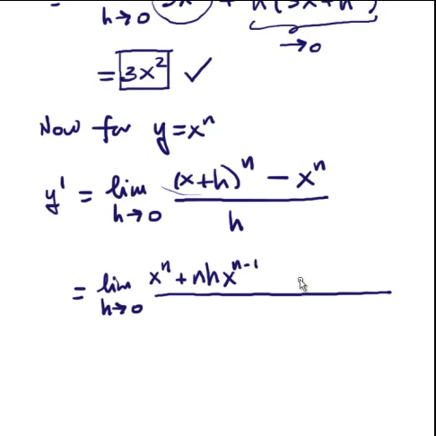And then the rest of the terms start, the next term has an h squared in it, the next term has an h cubed, all the way up to h to the n. In other words, the powers of h keep on increasing and the powers of x keep on decreasing. But the main thing is that the power of h keeps on increasing. So each term has at least h squared.